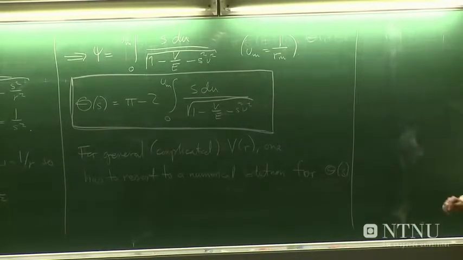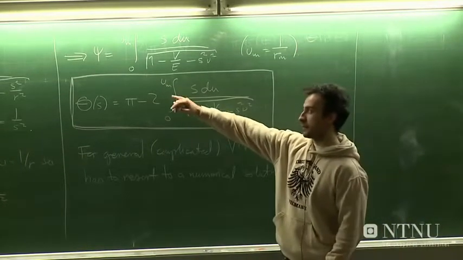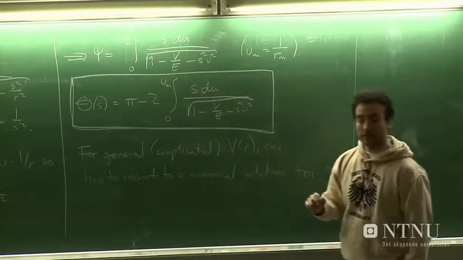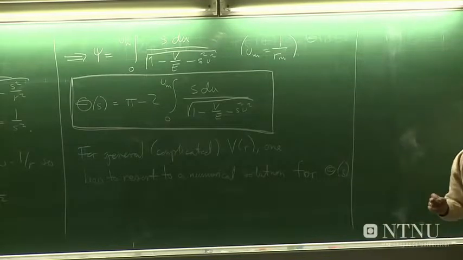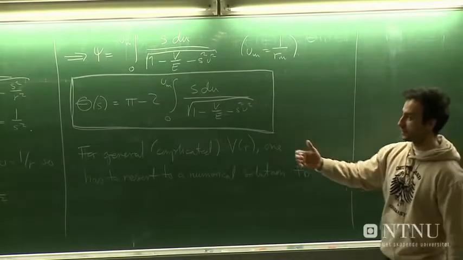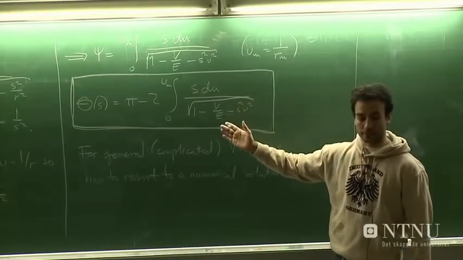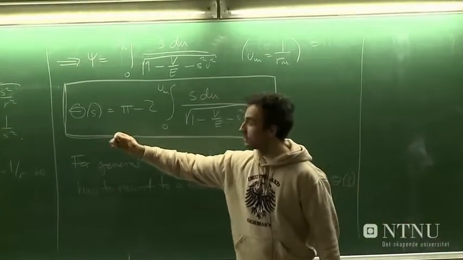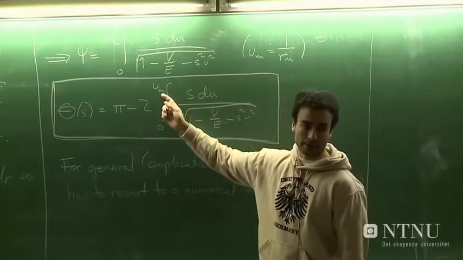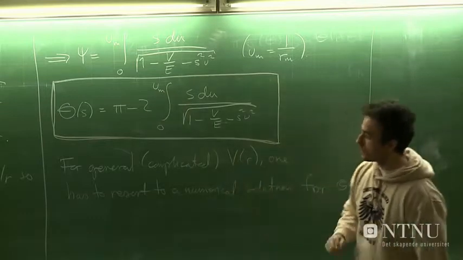let me point out that this here, the perihel, is known to us, because it's a parameter that enters this expression which determines the scattering angle. So the question is, what is this upper limit? Well, we can determine it.